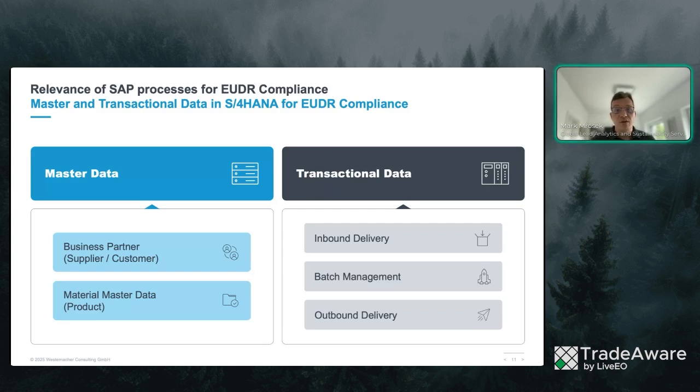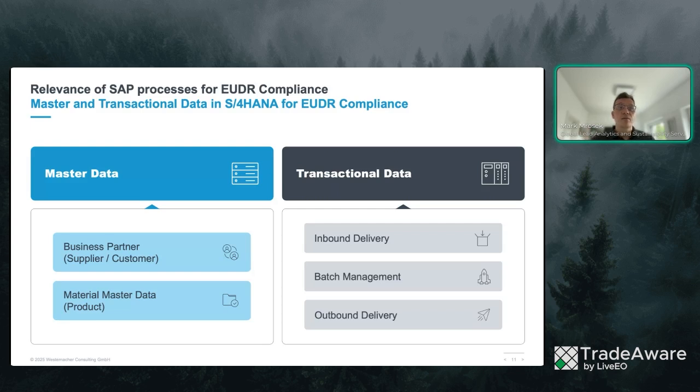EUDR compliance starts as soon as you have an inbound delivery. So as soon as you gain ownership of your inbound products, semi-finished products, derivatives according to EUDR, you, so to say, need to pick up this transparency with regards to EUDR. I need to track this.